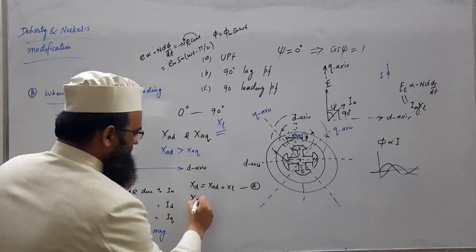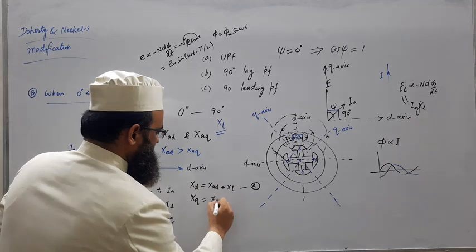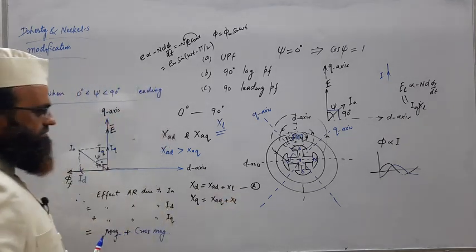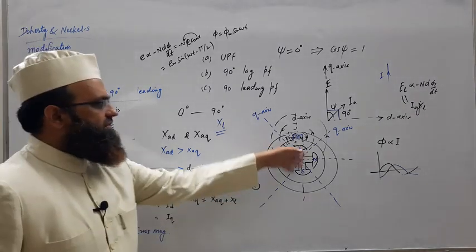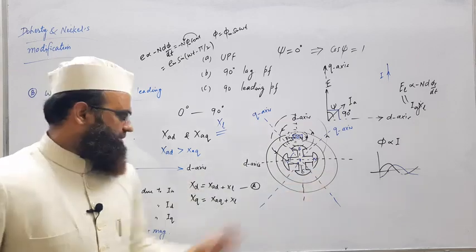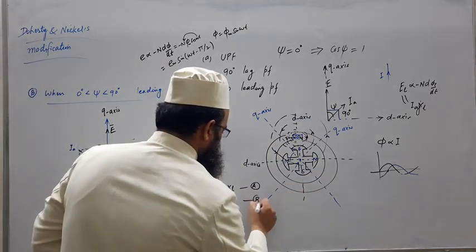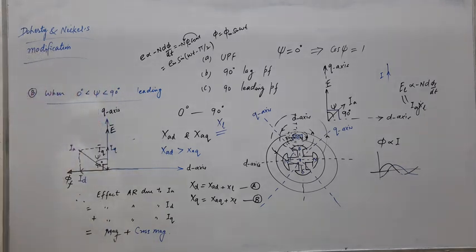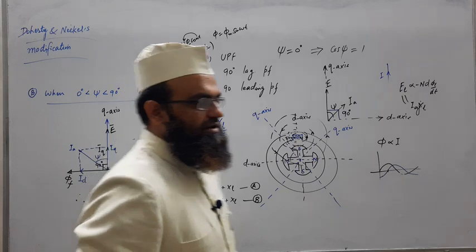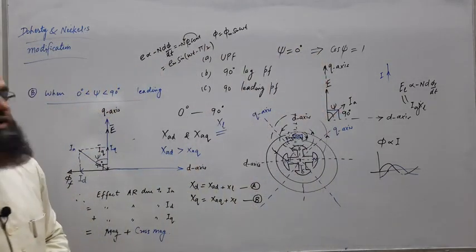Similarly, quadrature axis synchronous reactance may be marked as XAQ plus this XL, because this XL will be everywhere along the D axis, Q axis, wherever, since we have distributed windings on a stator. So mark it B. This XL is determined by the Potier triangle method.